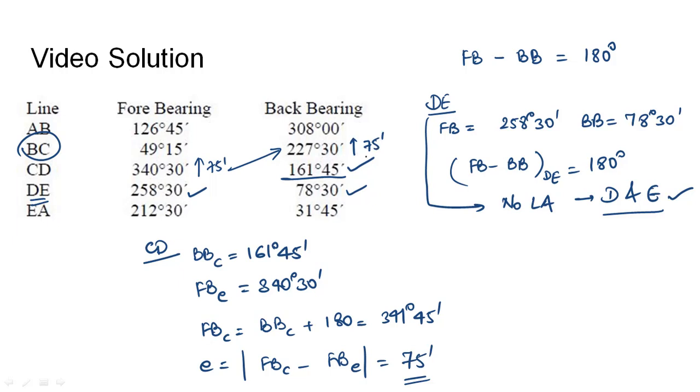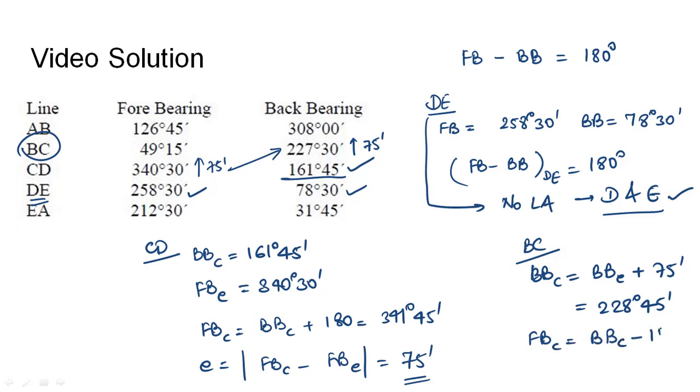So for the line BC, the corrected back bearing would be equal to the erroneous back bearing plus 75 minutes, that is the correction. This would turn out to be 228 degrees and 45 minutes. Based on this, we can find the corrected forebearing, which is the corrected back bearing minus 180.